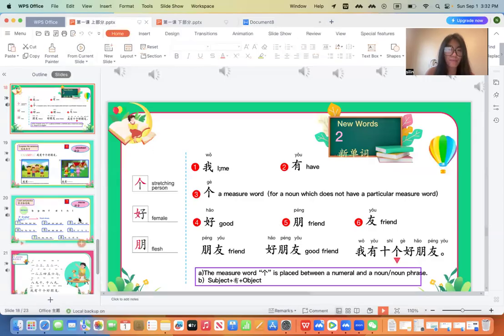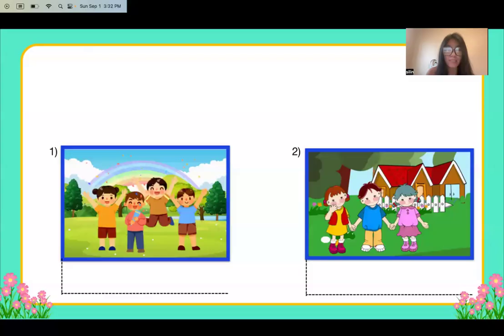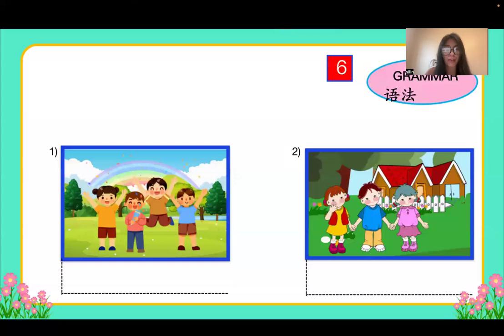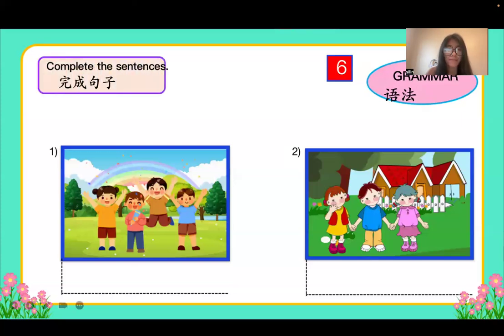Now, let's try to make one sentence by yourself, okay? Let's complete the sentences in Chinese. And you need to look at the picture.